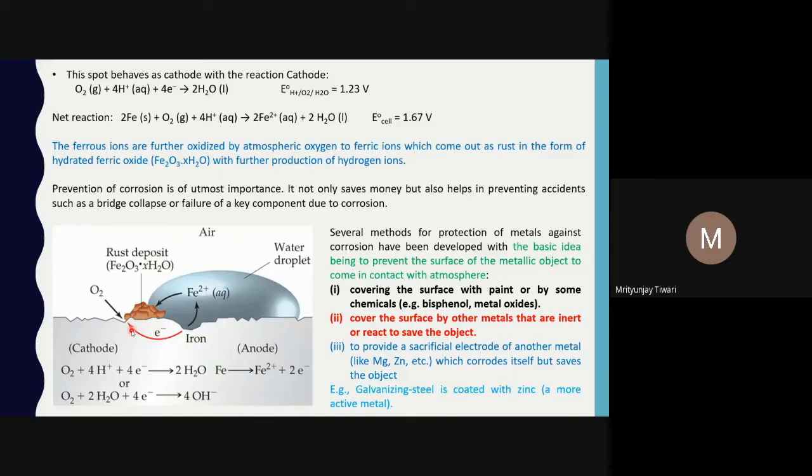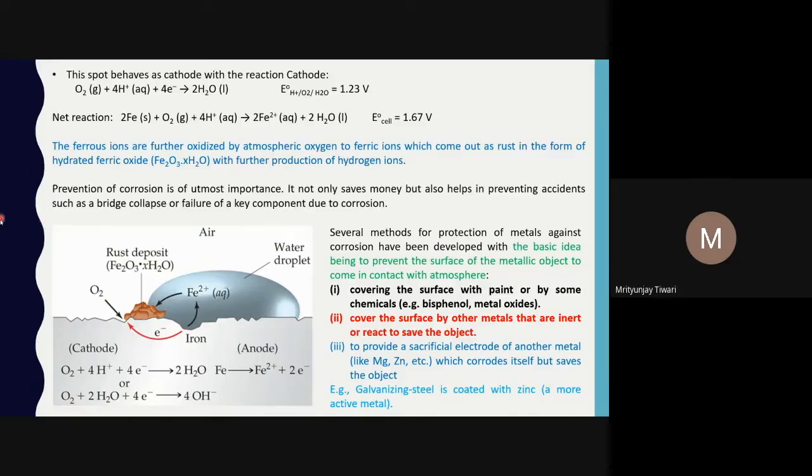These H+ ions come as an electrolyte from the water if it is in contact with water. Finally, this Fe2+ will further react with oxygen to form Fe2O3 with x water molecules also, and that is what we call rust, and it will be there as a rust deposit.